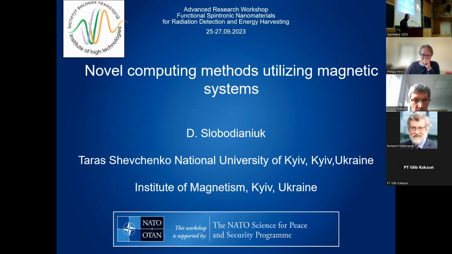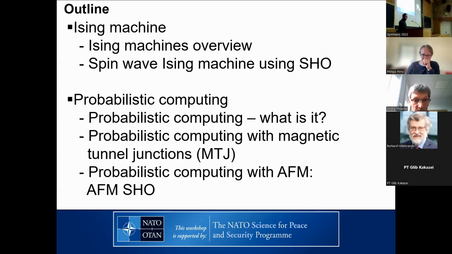Okay, so the outline of my talk is the following. I will briefly discuss some interesting stuff regarding novel computing methods utilizing magnetic systems. Mainly, I will talk about Ising machines and a lot about probabilistic computing.